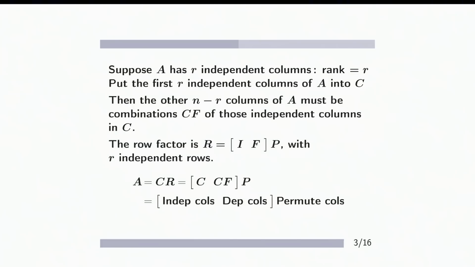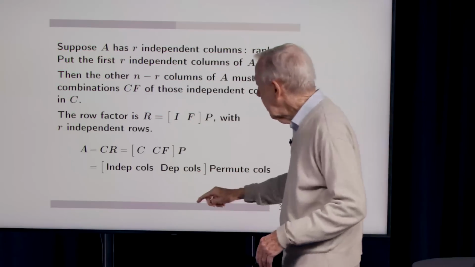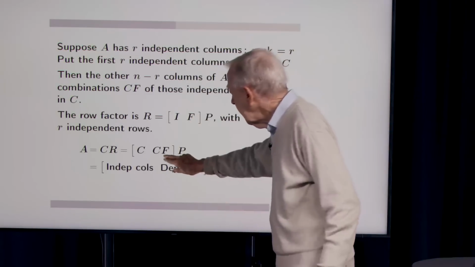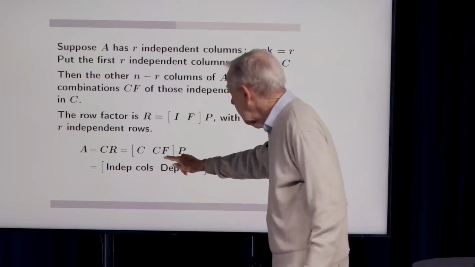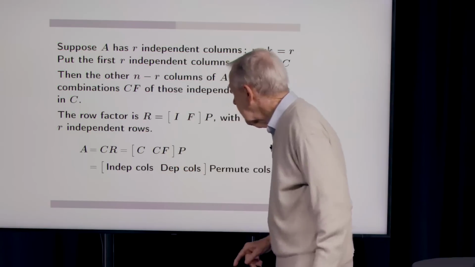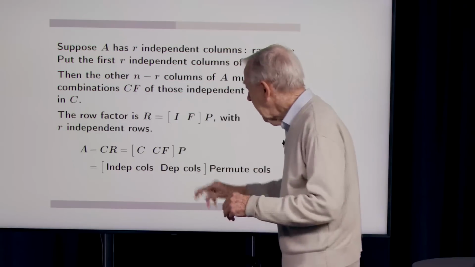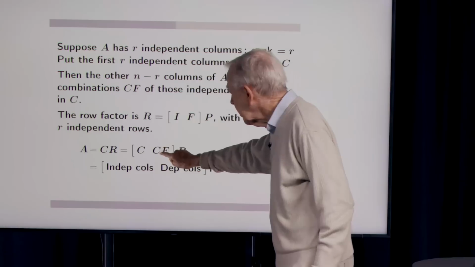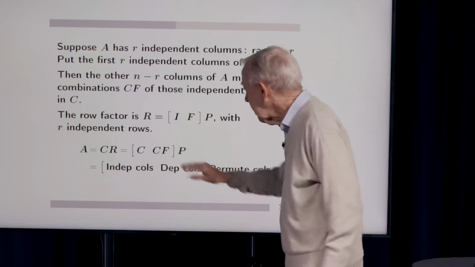The F matrix tells us that the dependent columns are combinations of the columns in C. So those columns of the matrix A have the form C times F. So F is the matrix that makes this correct.